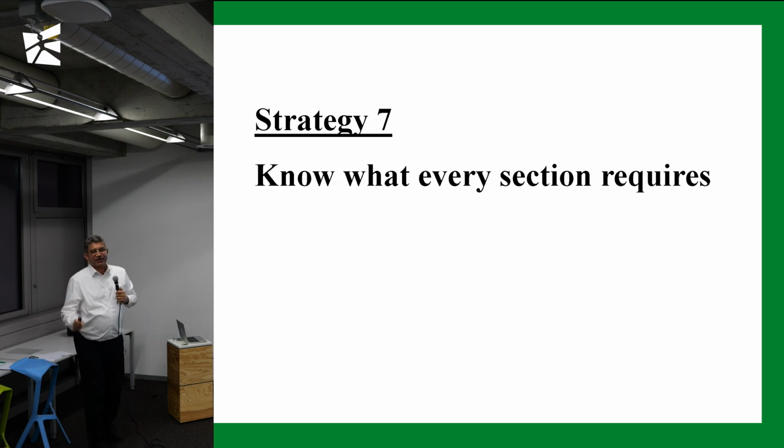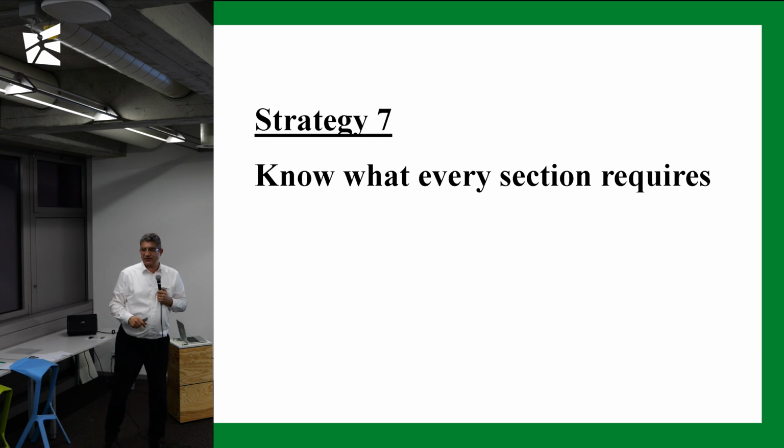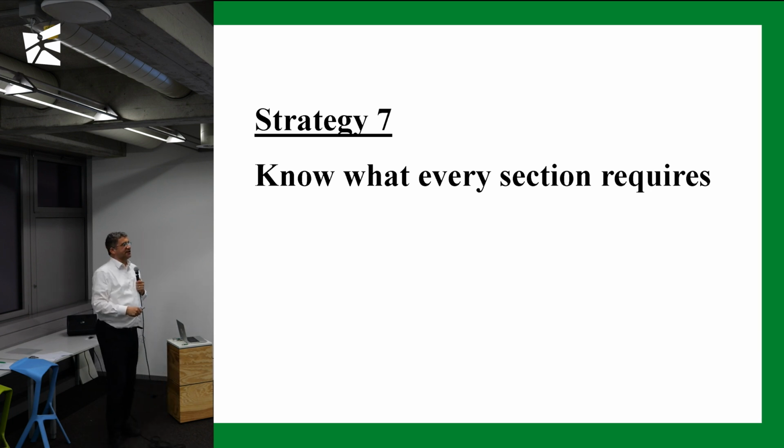Know what every section requires. I have brought with me the 2023 edition of the Introduction to Academic Writing Reader. Because one of the great things about that document is it actually tells you as an assessment student what is required in the introduction. It does tell you what the main section is, but it doesn't actually do you the favour of creating a structure for that main section.